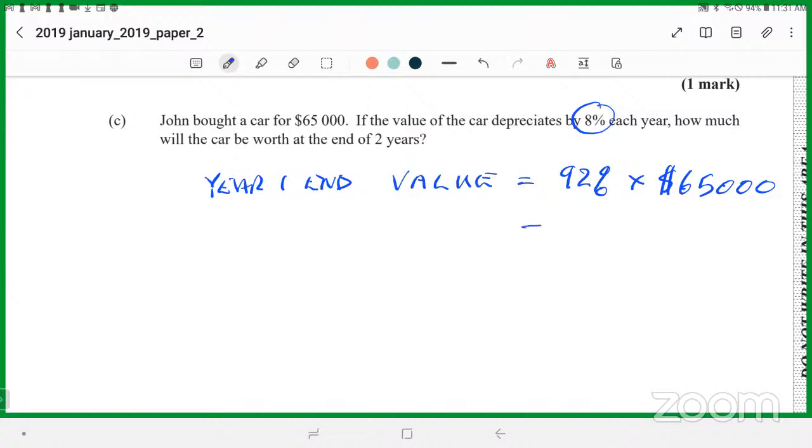So I can write this as 0.92 times 65,000. But remember, guys, I said to you, you want to use the calculator one time in the questions. So I don't need to work this value out.